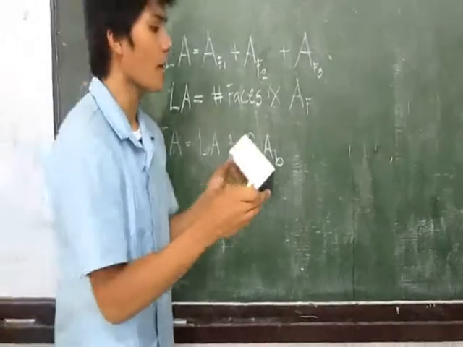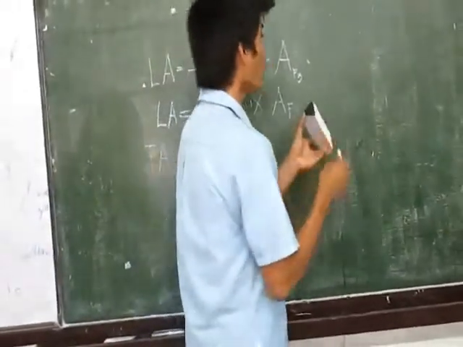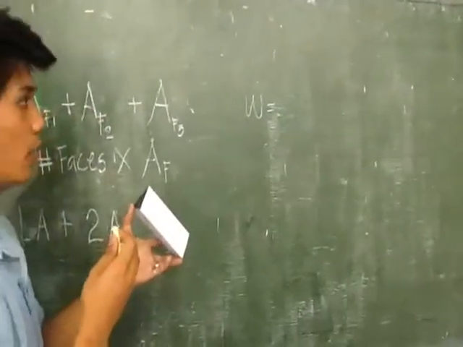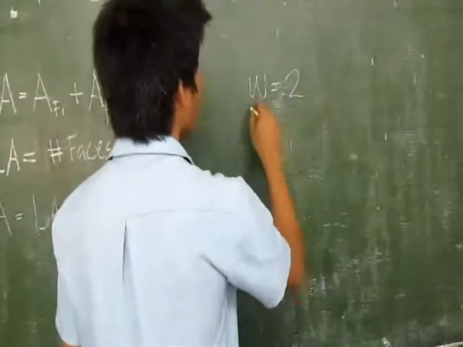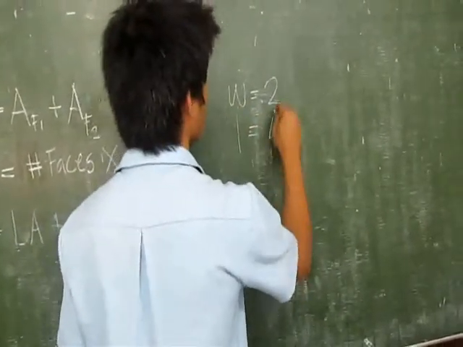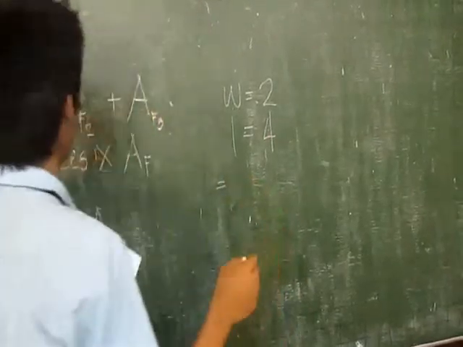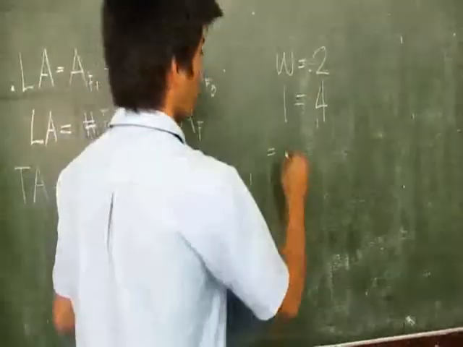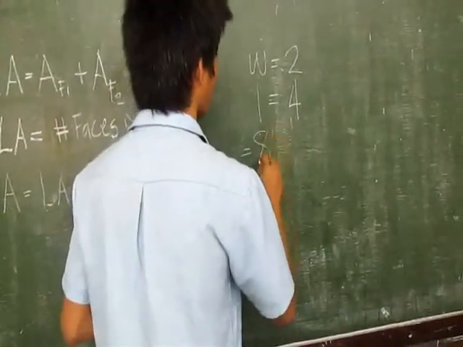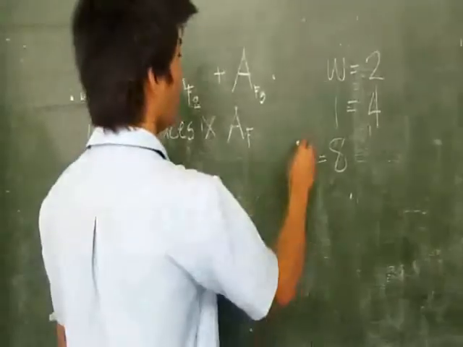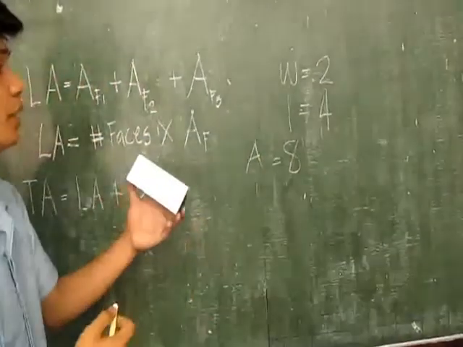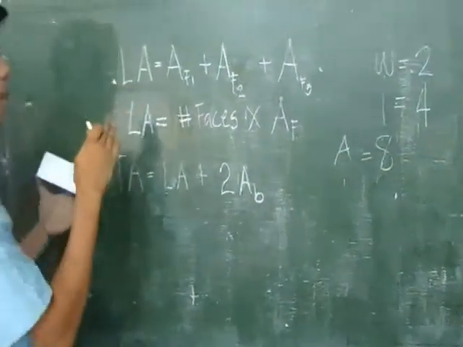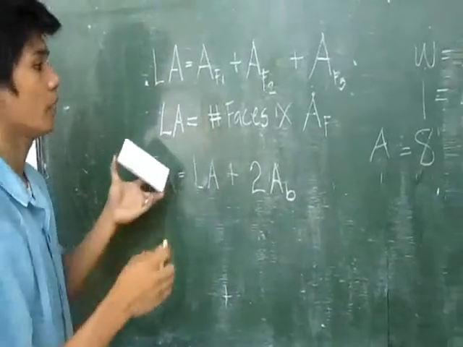Then for an example, I have here a triangular prism. If the width of our triangular prism is 2 and the length is 4, we can know that the area of our face is 8. Since we have the area, we can apply this to find the lateral area of this prism.